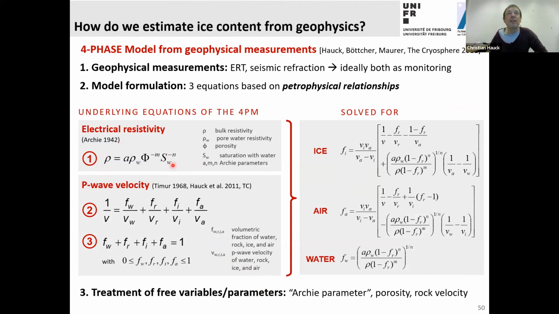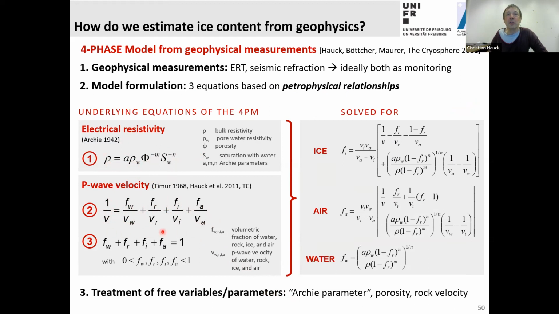So a well-known mixing rule for electrical resistivities, in dependence of the resistivity of the pore water, of the porosity, and of the saturation. Then a mixing rule of seismic velocities, where the slowness is averaged or weighted by the volumetric fractions of water, rock, ice, and air.